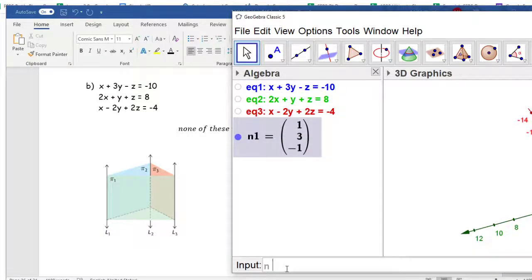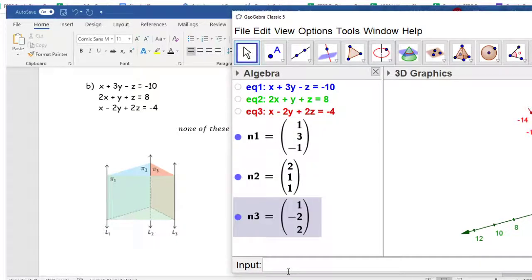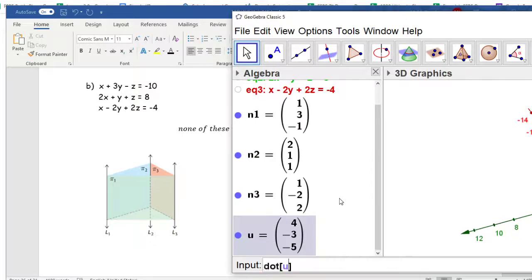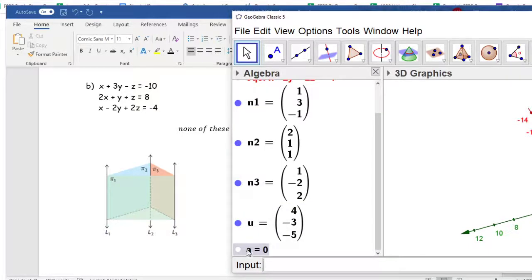Second normal is 2, 1, 1. Third normal is 1, negative 2, 2. Let's cross n1 with n2, and then let's dot that with n3. It gives us 0. So again, this is a bit of overkill in my opinion if you're doing it by hand, but it's pretty quick to do on here. You're just typing it out.